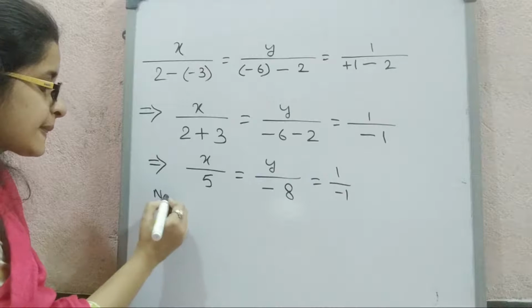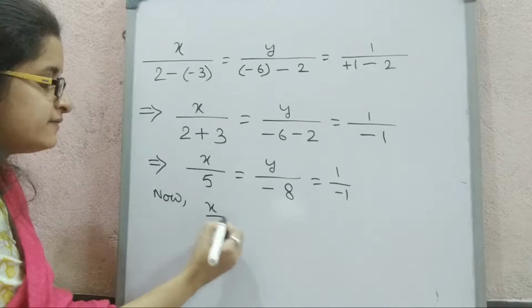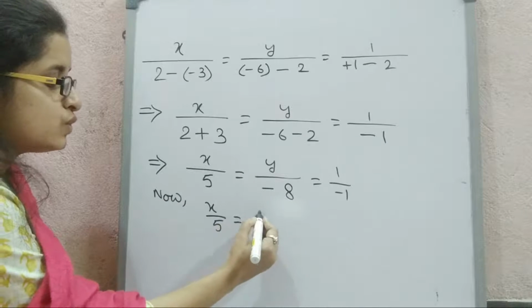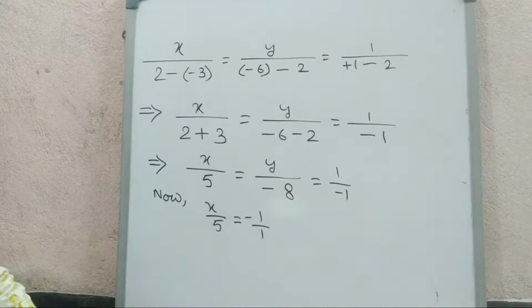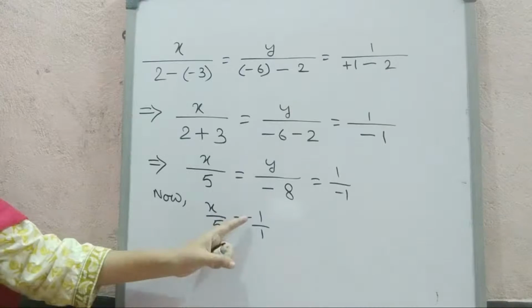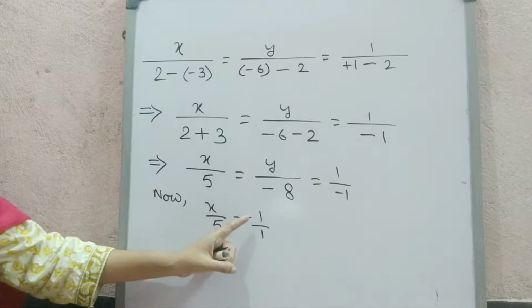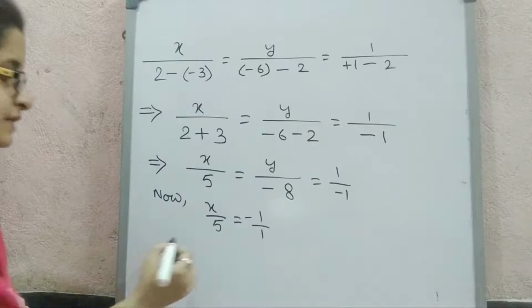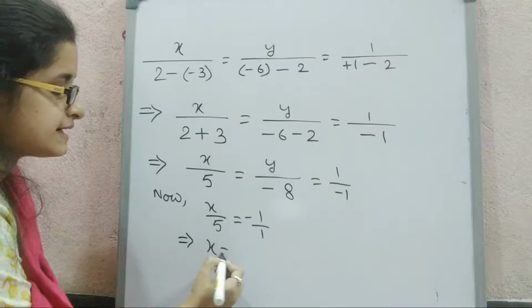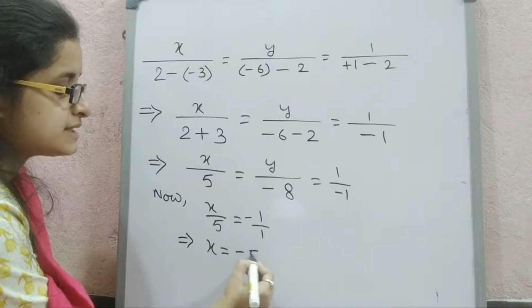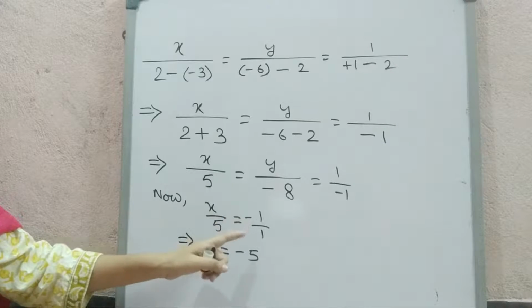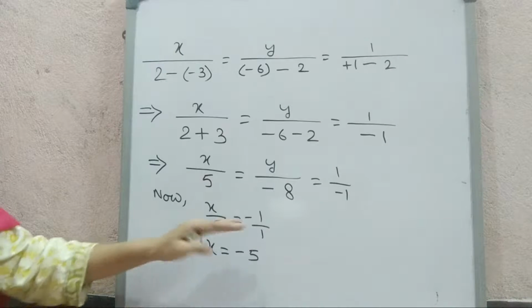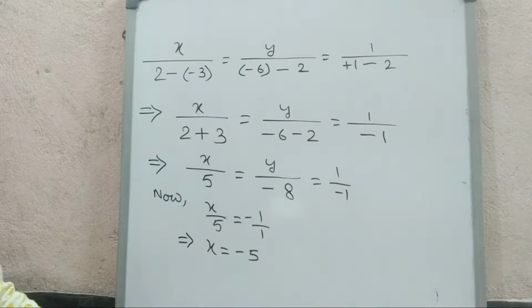Now x by 5 is equal to 1 by minus 1. I can write the minus in the numerator. x is equal to minus 5. When 1 is in the denominator, we can omit it.